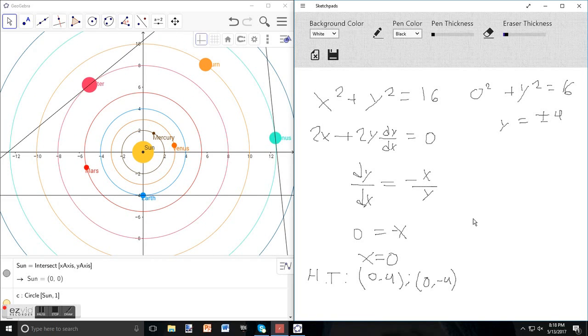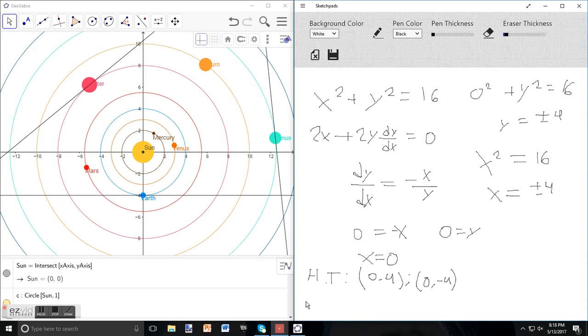Then to find a vertical tangent, you set the denominator, which in this case is y, equal to 0. So 0 equals y. You plug that back in the same way, and you'll get x squared equals 16, which is plus or minus 4.